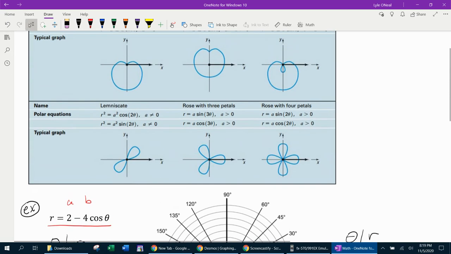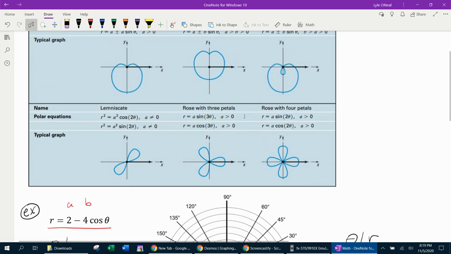Remember I said in this layout, let me go back to the formulas. Remember I said for the roses, it's going to have this shape or this formula. And so what we have is r equals 3 cosine of 2 theta, which is this formula right here, where a is 3.